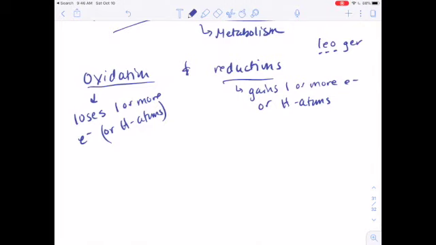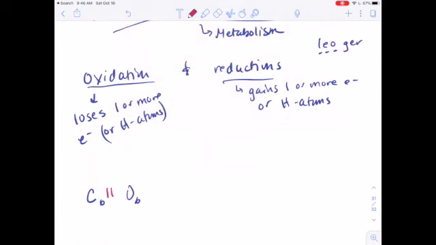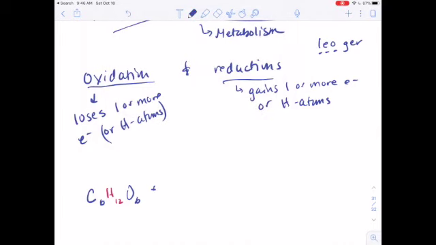And so we talked about the overall chemical reaction for aerobic cellular respiration, which is C6H12O6, plus 6 O2, yields 6 CO2 molecules plus 6 water molecules plus ATP. You've seen that before.